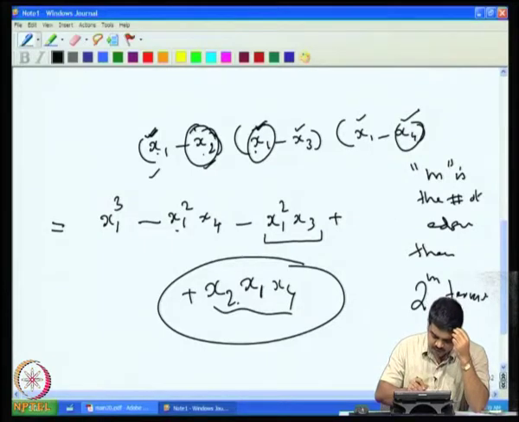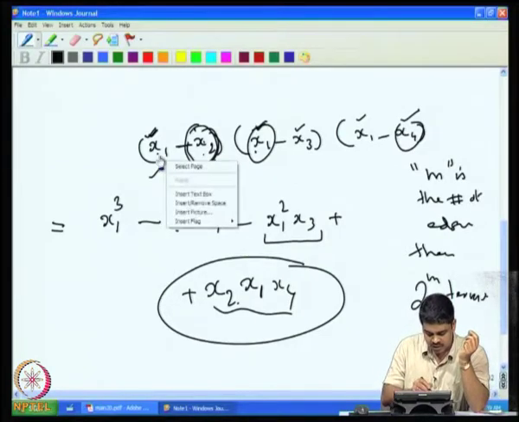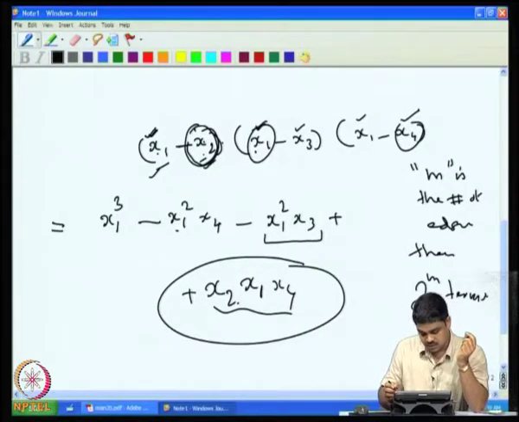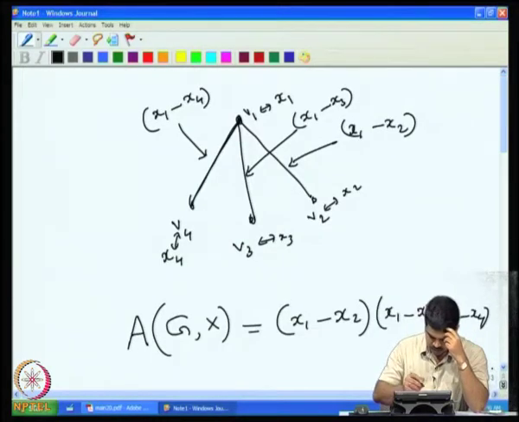That means we picked up this x1, x2, the second term. You know, always these terms are written such that the first term has the smaller index and the second term has the higher index. So, I picked up the second term. And we will go back to that picture here.